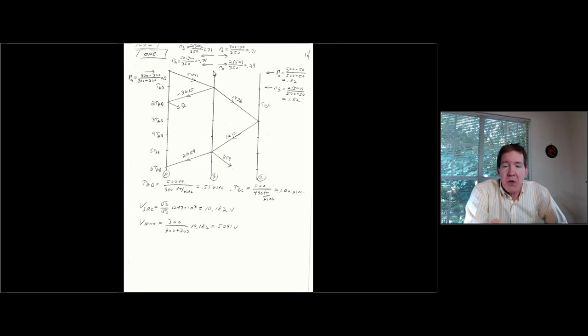Note what I'm doing at the middle point is calculating a reflection coefficient for what's coming down the overhead, and a refraction coefficient for what continues down the cable. At the far end, I'm calculating a reflection coefficient as well as a refraction coefficient.